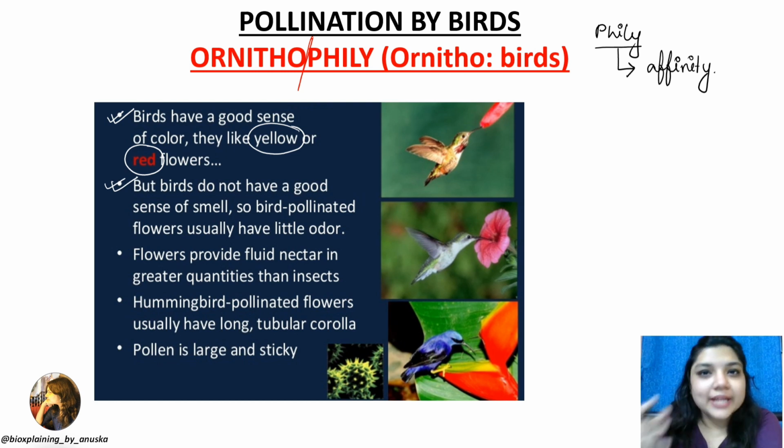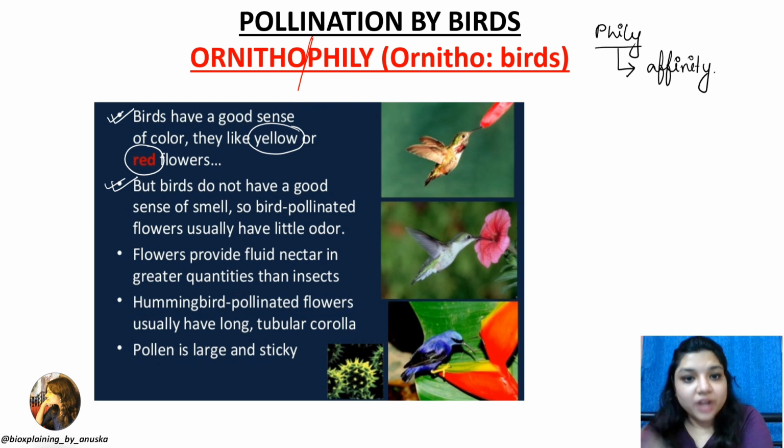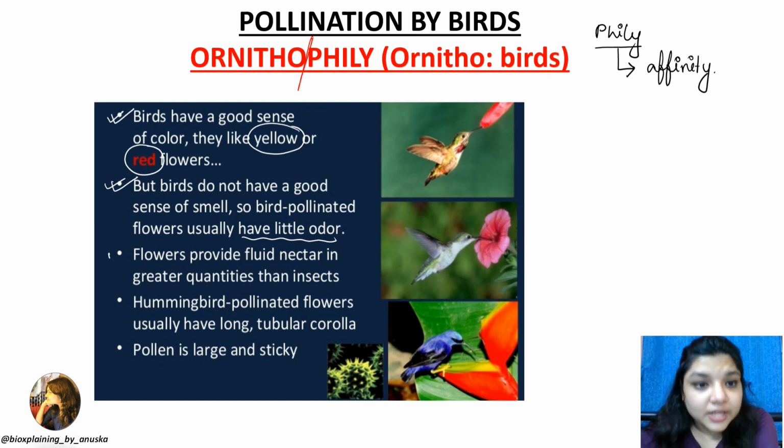It should be red, yellow, and very brightly colored. But it does not need to have sweet fragrance. So hence, birds pollinate flowers which are bright in color, but they have little fragrance. Birds usually require quite good quantity of nectar, right?